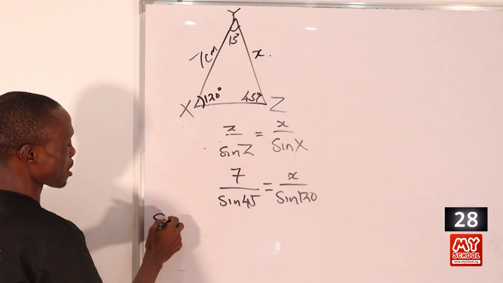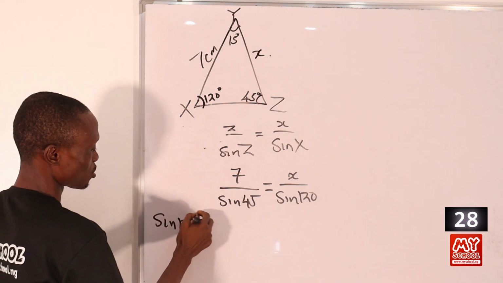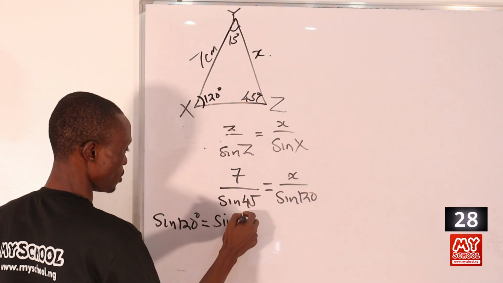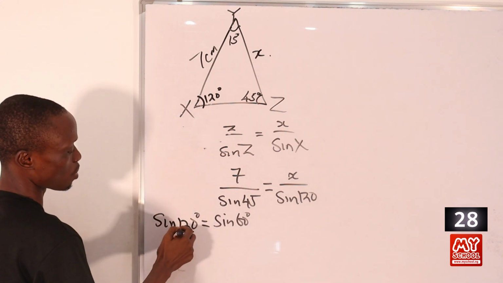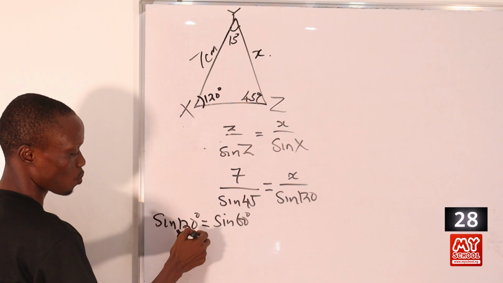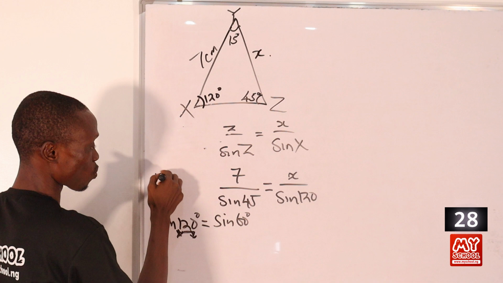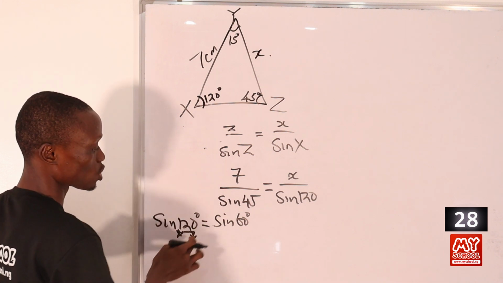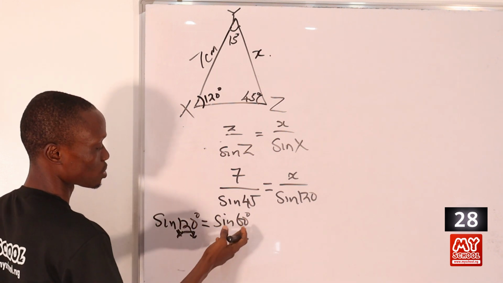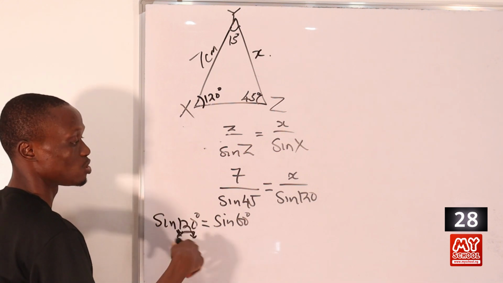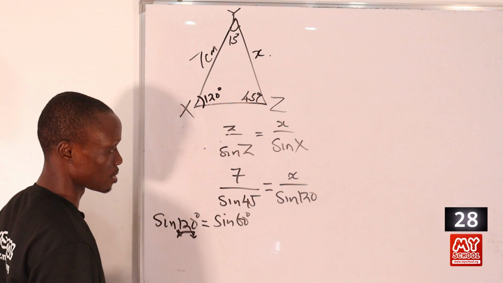But remember that sine 120 degrees is also equals to sine 60 degrees. The reason being that sine 120 is in the second quadrant, and in the second quadrant it is 180 minus 120, that equals to 60 degrees.